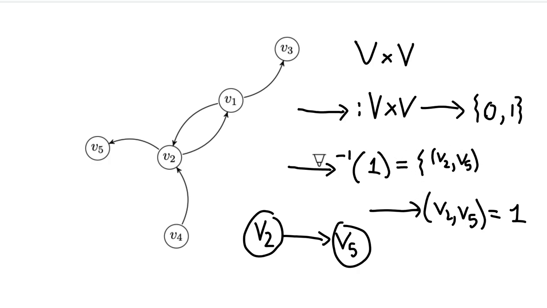We can see exactly which ones are going to be in the preimage precisely by which arrows show up here. So we have V4 to V2, another one. We have V2 to V1, and V1 to V2.